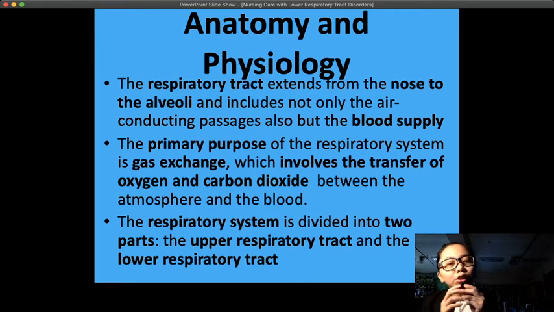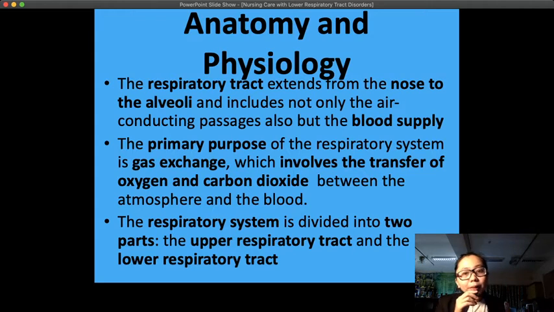That's why in our nursing problems, if there is an impairment of the gas exchange because the respiratory system is damaged or the lungs are damaged, we say impaired gas exchange, because the primary purpose of the respiratory system is the exchange between the oxygen and the carbon dioxide, which involves the transfer of oxygen and carbon dioxide between the atmosphere and the blood.